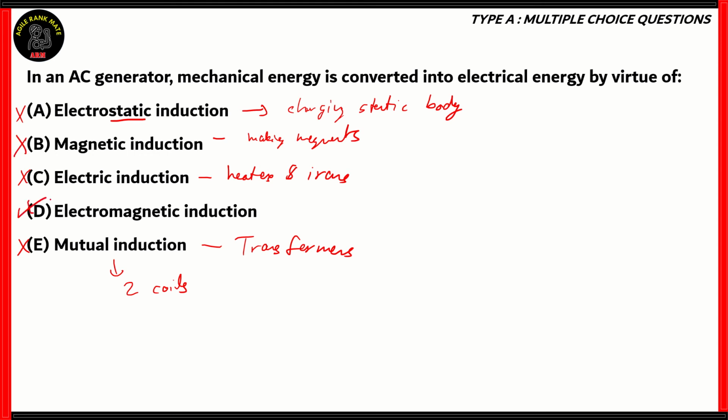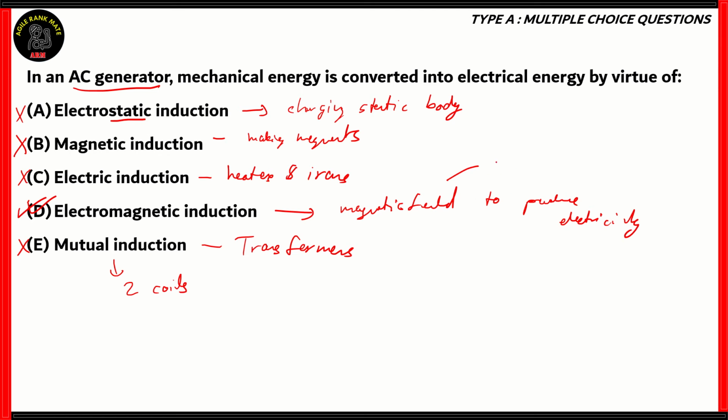The correct answer is option D, electromagnetic induction. Here we use a magnetic field to produce electricity, which is how an AC generator works. The magnetic field is generated by spinning a magnet in a coil of wire, and the change in magnetic flux creates electrical energy to flow through the coil.